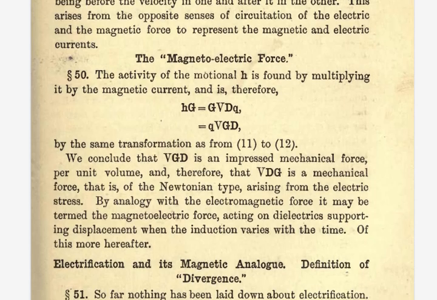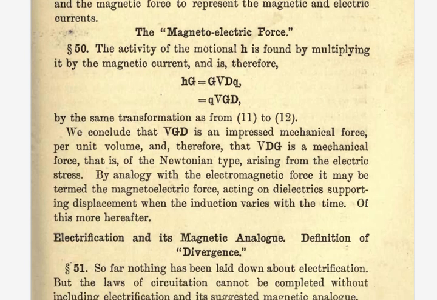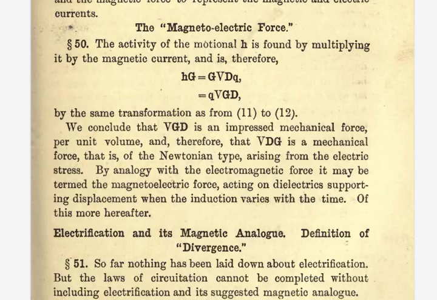50. The activity of the motional small h is found by multiplying it by the magnetic current, and is, therefore, small h times g equals g vector product dq equals q vector product gd, by the same transformation as from 11 to 12.